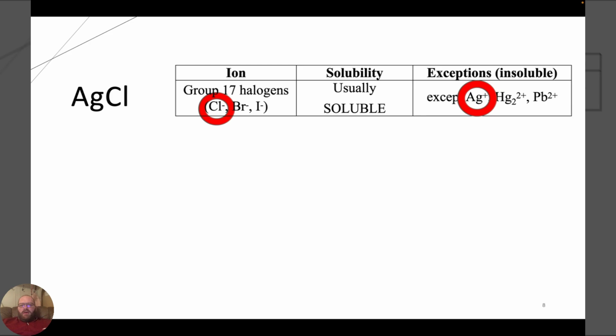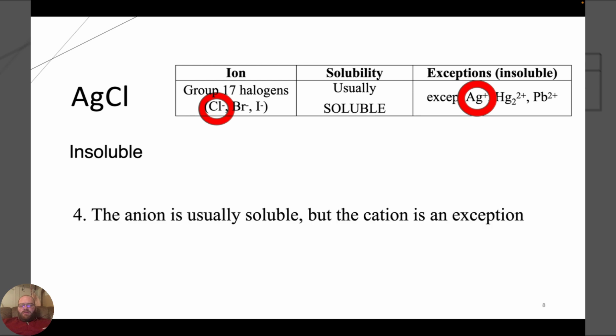The anion is usually soluble, but the cation is an exception. So that happens to be rule 4: anion is usually soluble, but the cation is an exception.